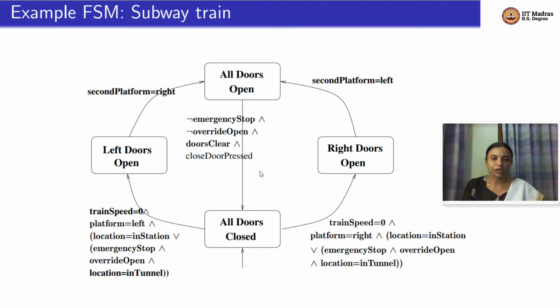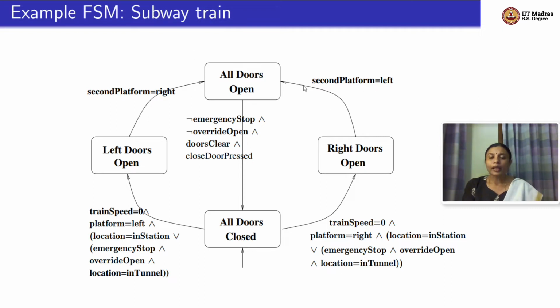Both these transitions have a detailed guard labeling them, which means that this transition can be taken only if this condition or guard becomes true. Similarly, I can go from left doors open to all doors open provided another kind of guard is true, or from right doors open to all doors open provided another guard is true.